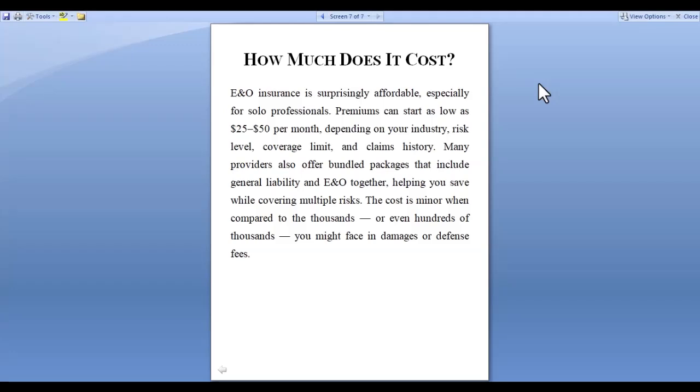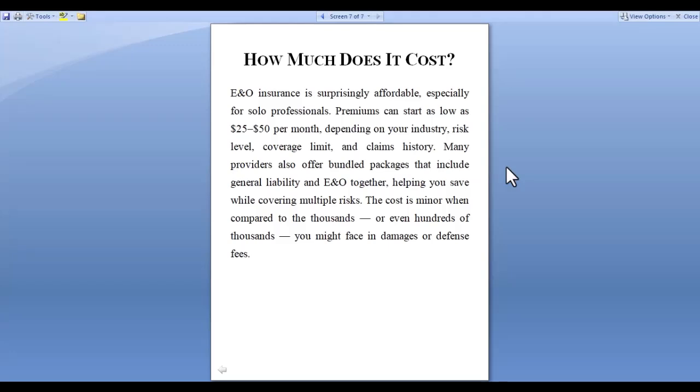The last page just says how much does it cost? So I knew you'd be expecting this question. E&O insurance is surprisingly affordable. Yes, you don't need to be scared, especially for solo professionals. Premiums can start as low as $25 to $50 per month, depending on your industry, risk level, coverage limits, and claims history.